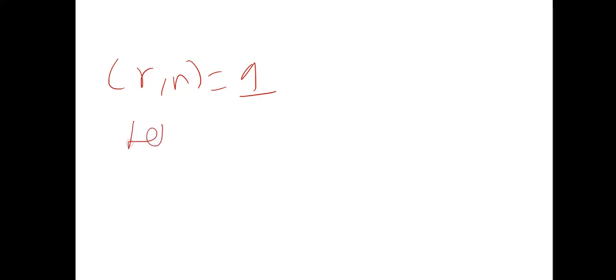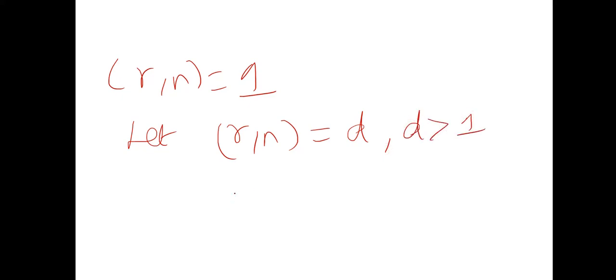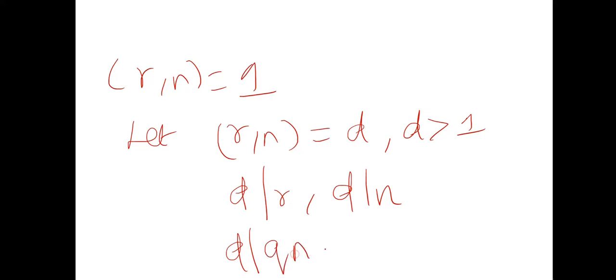If the GCD is not equal to 1, let me take it as some D, where D is greater than 1. Then what does it mean? If GCD is D, the greatest common divisor, then D should divide R and D should divide n. That implies D should divide Qn plus R, any multiple of n plus R. Qn plus R is A, right?